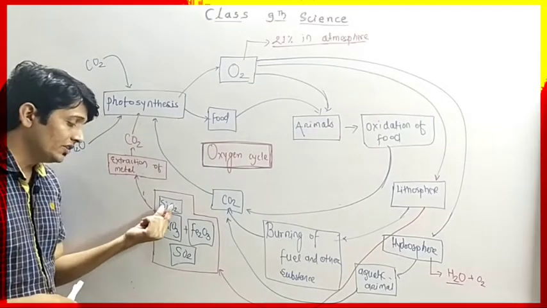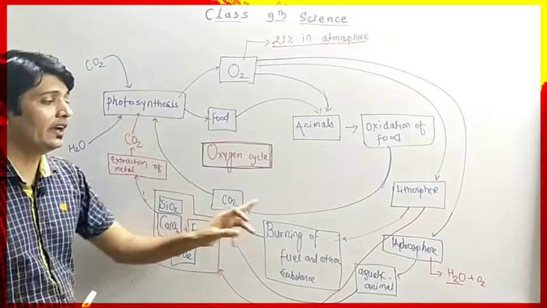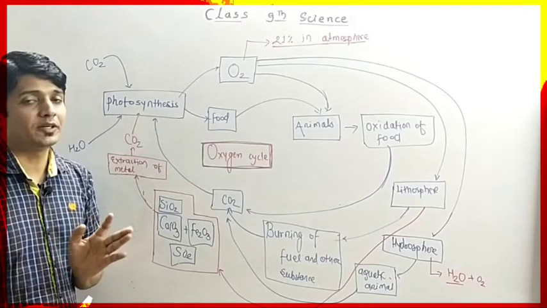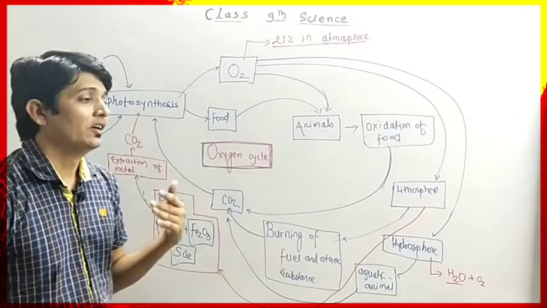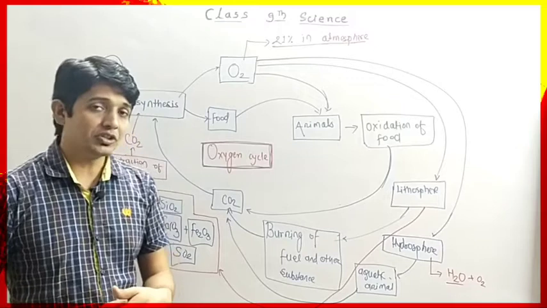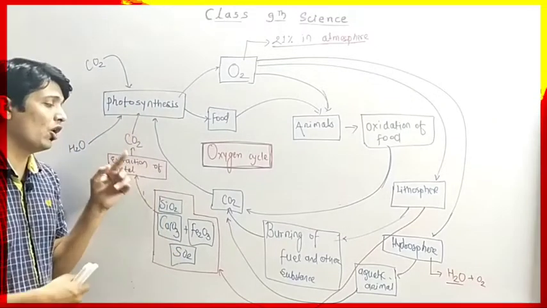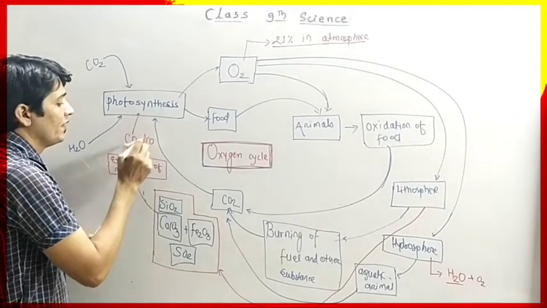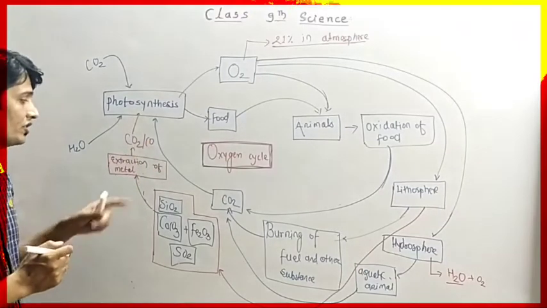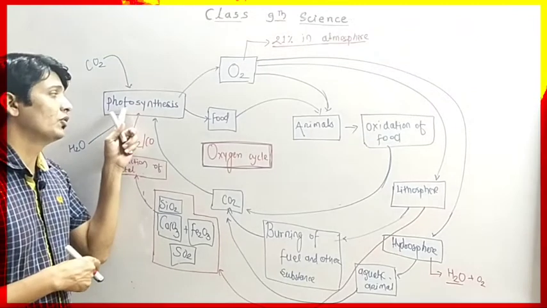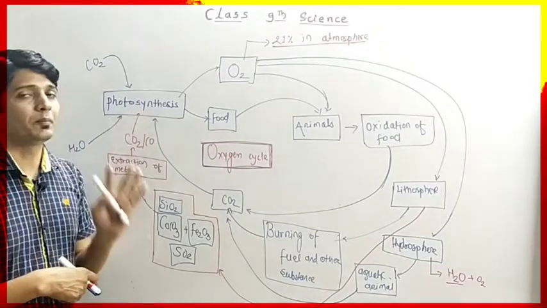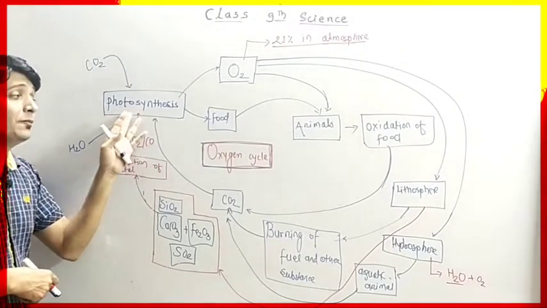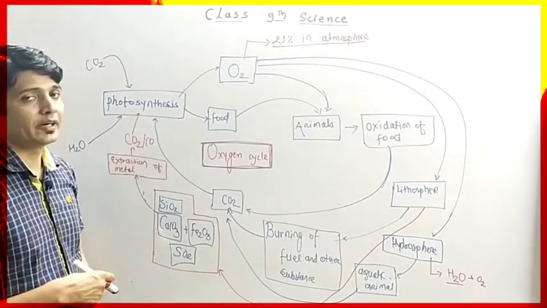Then the oxygen which is present in our lithosphere, when the extraction of metal takes place in metallurgical processes, carbon dioxide or carbon monoxide is released into the surroundings. That carbon dioxide or carbon monoxide is again used in photosynthesis by the plant. After photosynthesis, the plant produces food and releases oxygen gas.